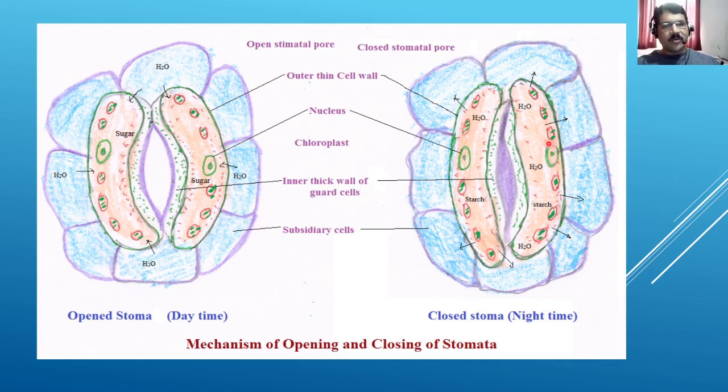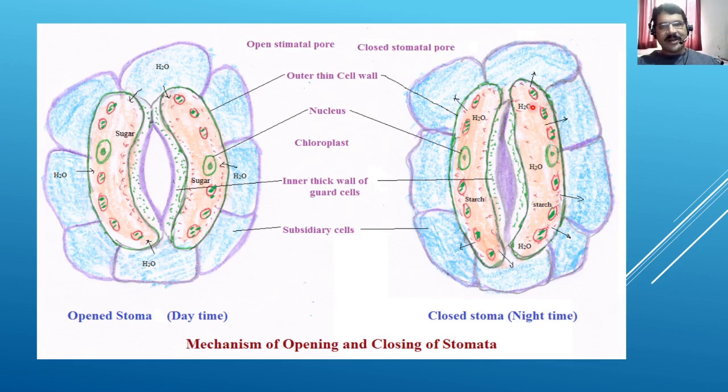Now we will see closing of stomata, or how the stomata get closed. So see here, these are again guard cells. At night time what happens, there will be no photosynthesis, and due to respiration CO2 is increased in the vicinity of these guard cells, and this CO2 decreases the pH of the guard cells up to 5 or less than that.